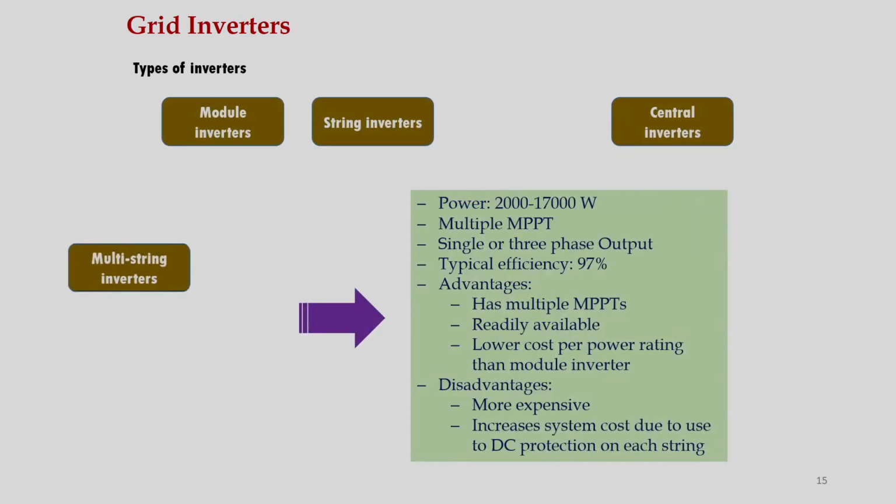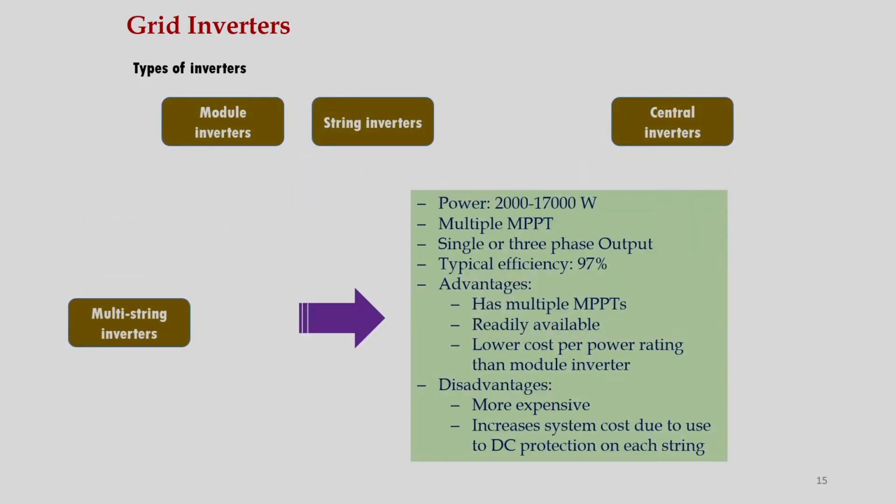The next inverter is the multi-string inverter. The power rating goes from 2000 to 17,000 watt, and multiple MPPTs are attached, and it may be used for both single phase and 3-phase output, and efficiency is about 97%.